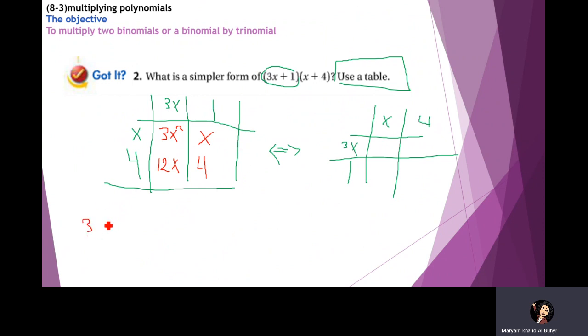So 3x to the power 2 plus x plus 12x plus 4. Add the like terms together. So that will be 3x to the power 2 plus 13x plus 4. So that's the idea from the table.